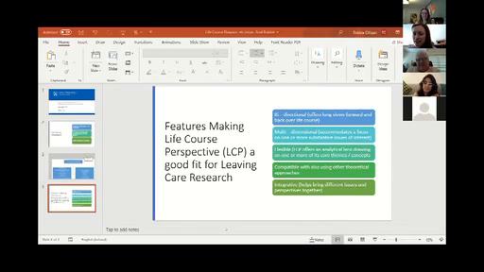Can I just add something on that point about the quantitative? Brenda, it'd be interesting to hear what you think. When I was figuring out if and how I would use the life course perspective, I found so much of the literature is based on quantitative studies that draw on large scale data sets, and there's a lot less that applies it to qualitative data.